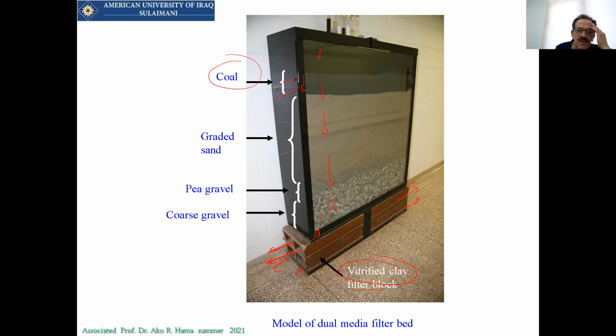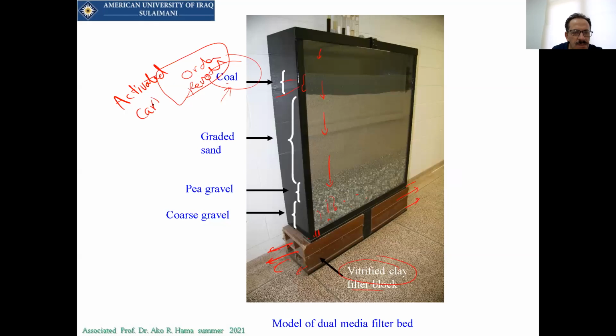Now you can see we have coal. Why do we use coal? For the taste, sometimes for odor removal. We are using filters also to remove the odor of the water, and this is usually coal or activated carbon.